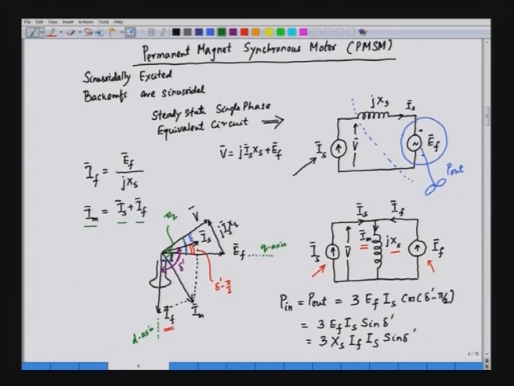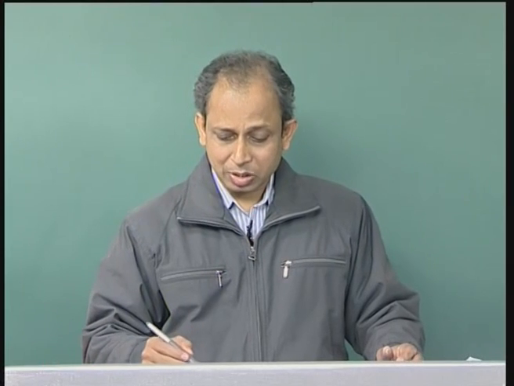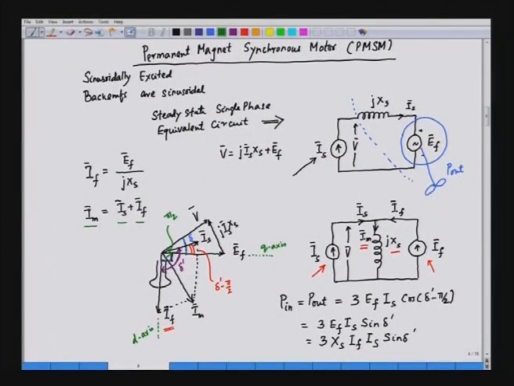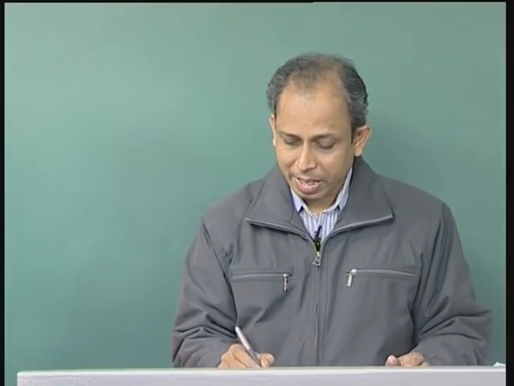We have considered a PMSM where we have ignored the resistance in the stator. The stator does not have any resistance; we just have the synchronous reactance XS, and the core loss and friction loss are neglected. So, we have a machine with only synchronous reactance and no losses.